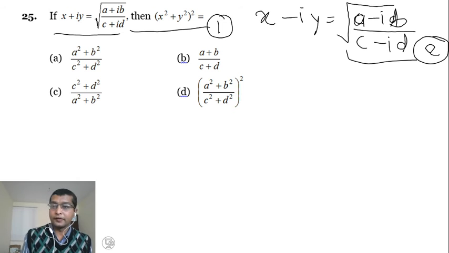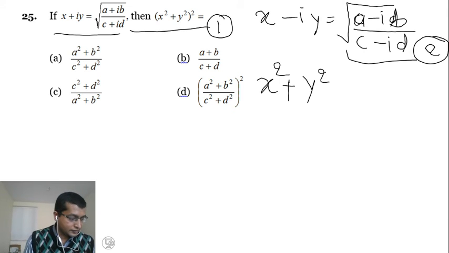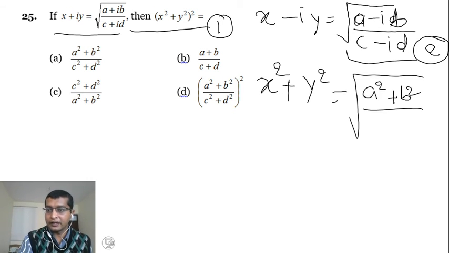Then further, equations 1 and 2 we multiply. It is a plus b into a minus b. Its multiplication is x square, then y into y, y square, then minus i into i square is minus 1, minus into minus becomes plus. Similarly, next, under the square root, the numerator multiplication gives a square plus b square, and the denominator gives c square plus d square.